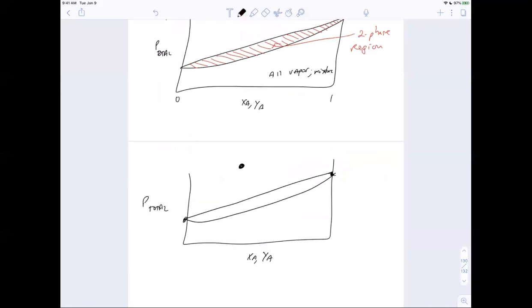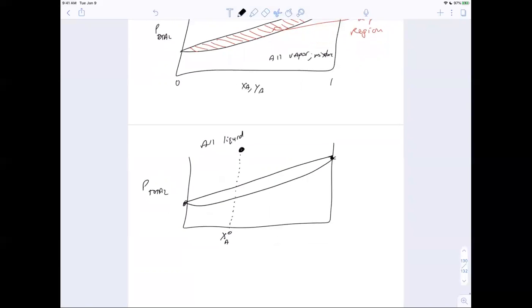So I'm just going to drop a line down. Actually, let me move these guys. So this will be X of A superscript naught. So that's your original point. So you're in the all liquid region, but the composition of liquid is going to be X of A naught.